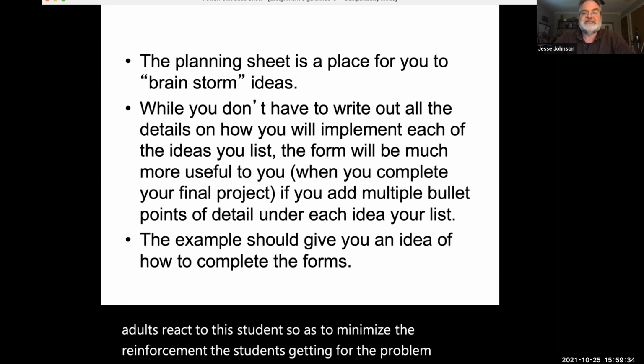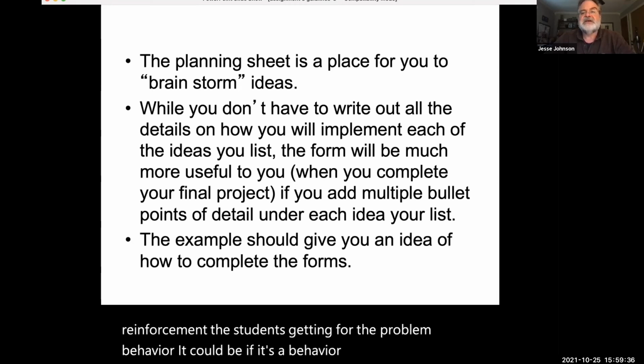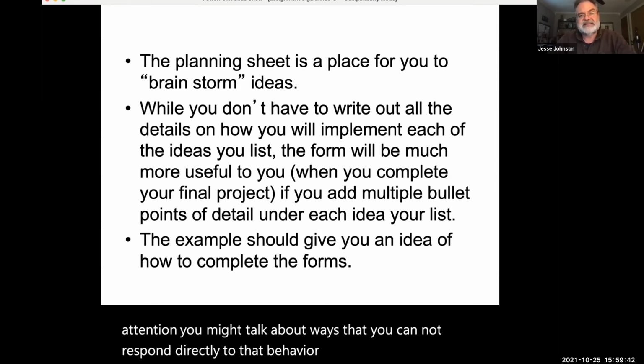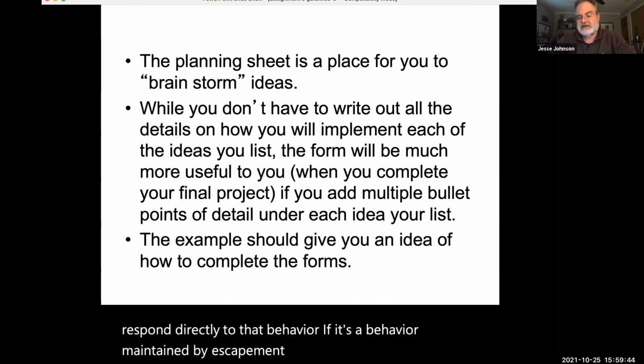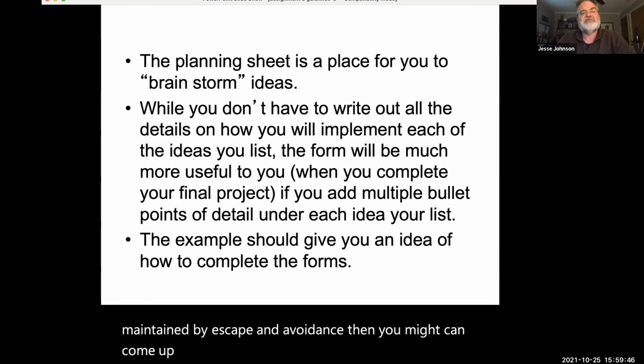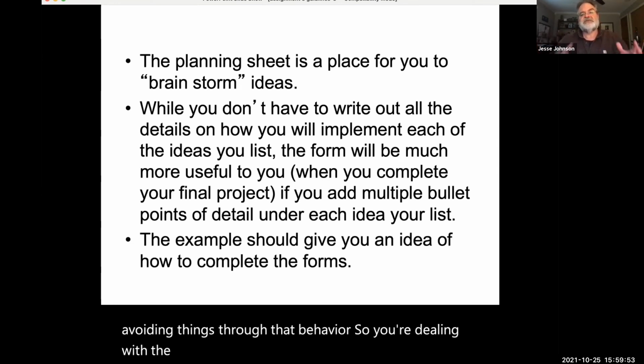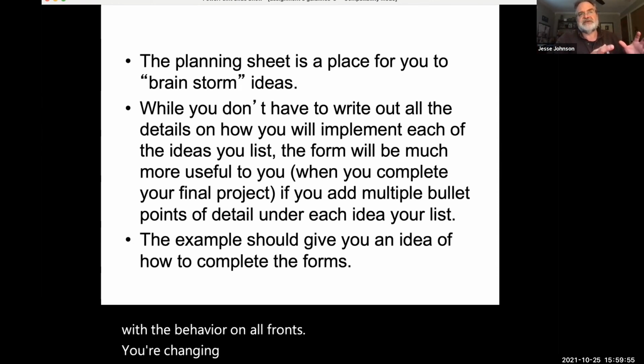It could be, if it's a behavior maintained by attention, you might talk about ways that you can not respond directly to that behavior. If it's a behavior maintained by escape and avoidance, then you can come up with strategies for preventing the student from avoiding things through that behavior. So you're dealing with the behavior on all fronts. You're changing the situation so that it's less likely to set up the problem behavior.